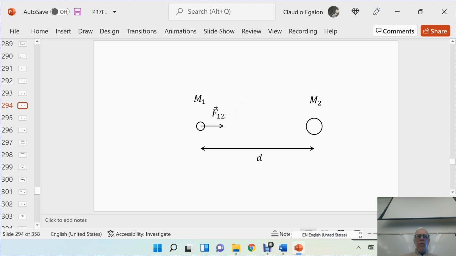So what does this notation mean? This notation is the force on mass 1 due to mass number 2.